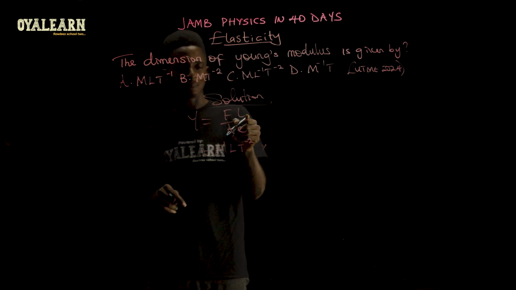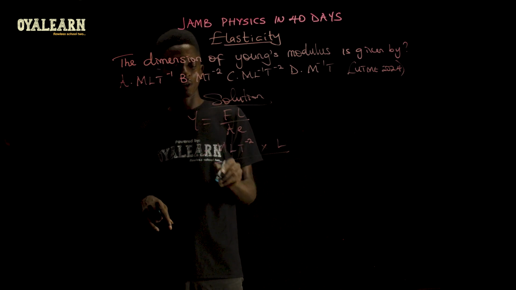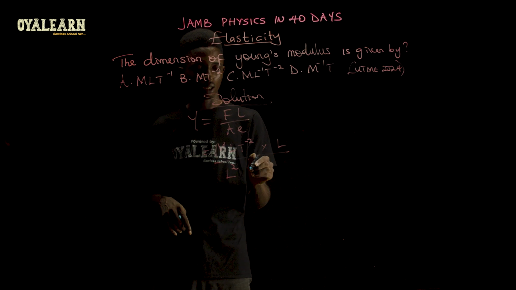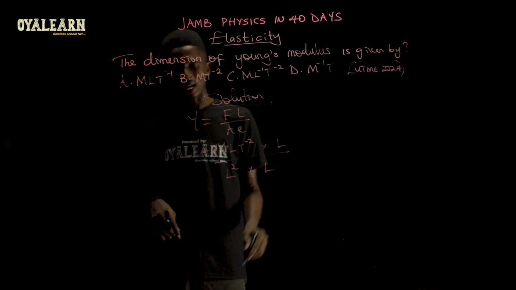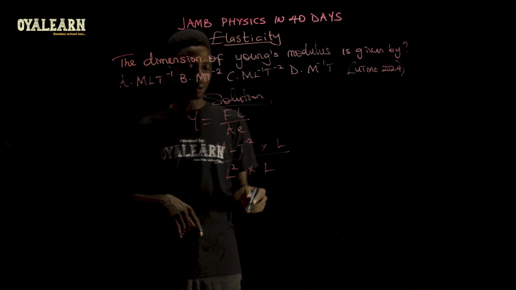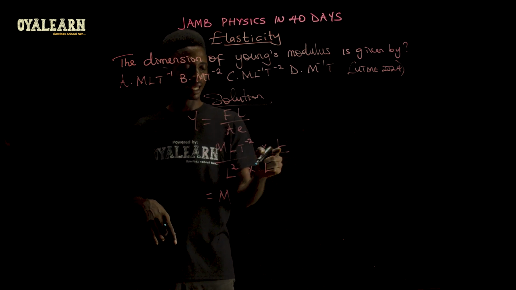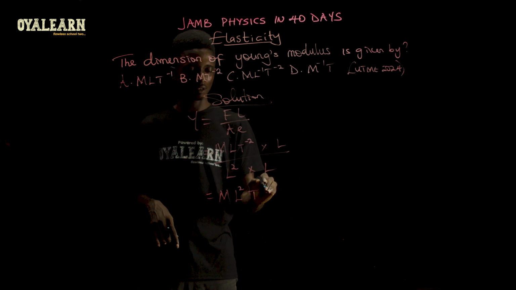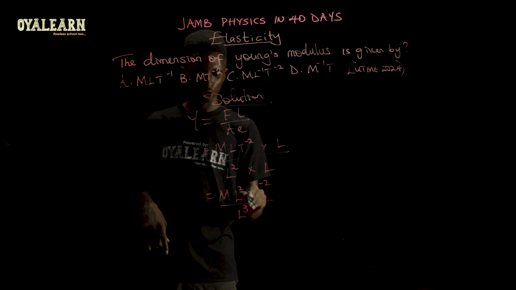We multiply that by the dimension for length, which is L, and divide by the dimension for area, which is L squared, and then multiply by the dimension for extension, which is another L. So what we have is M, then L times L gives L squared, and T to the power minus 2, all divided by L cubed.